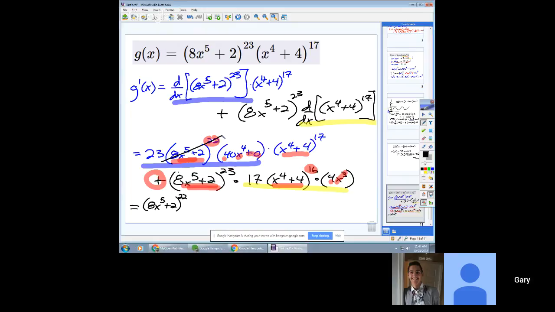Then I was thinking I could pull out a 4 and an x cubed. If I pull a 4 out of 40, that's going to leave behind 10. And if I pull an x cubed out of x to the 4th, that's going to leave an x behind.